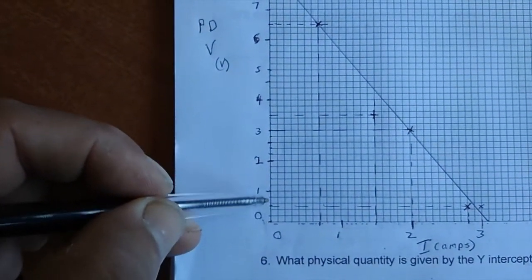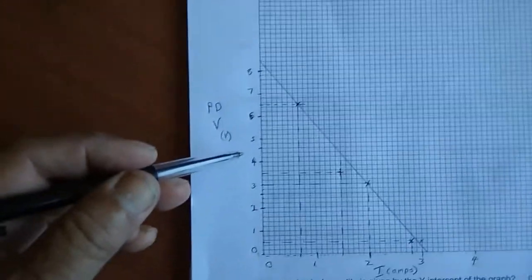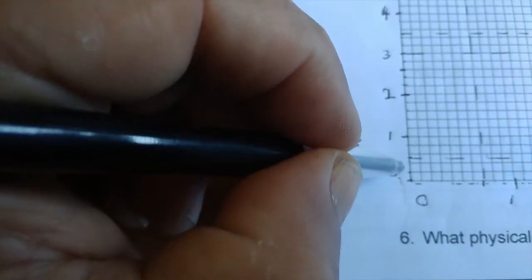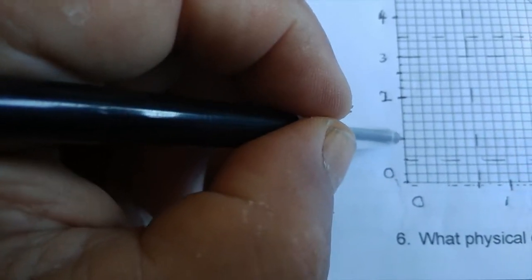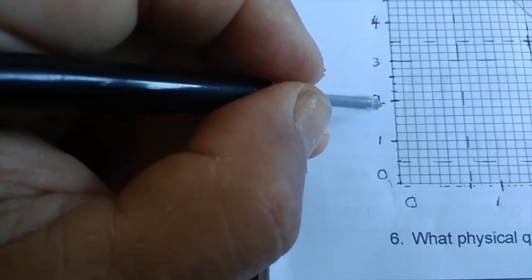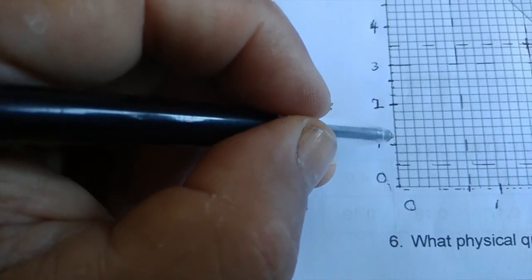To fit this onto our graph paper, for the voltage we had to make every little line 0.2 of a volt. So we've only got 5 intervals between 0 and 1, and 5 between 1 and 2. So each interval is 0.2 of a volt.